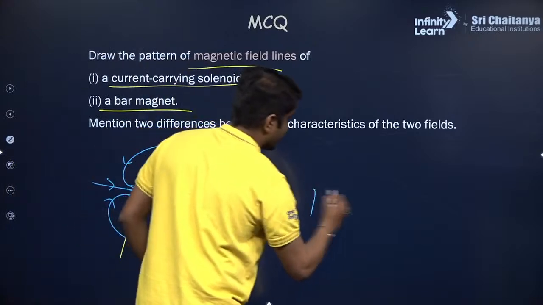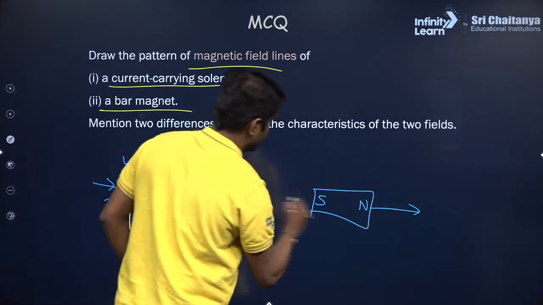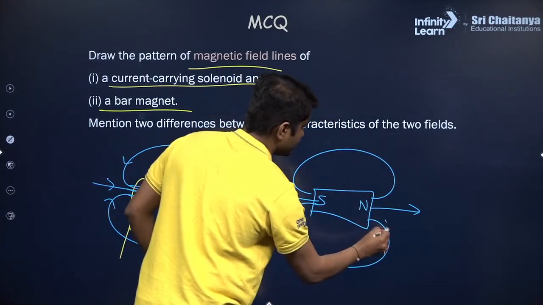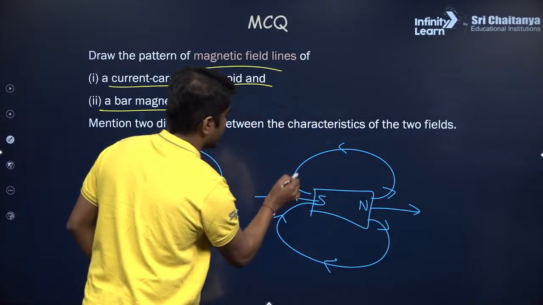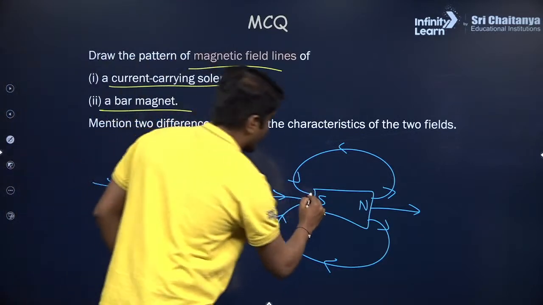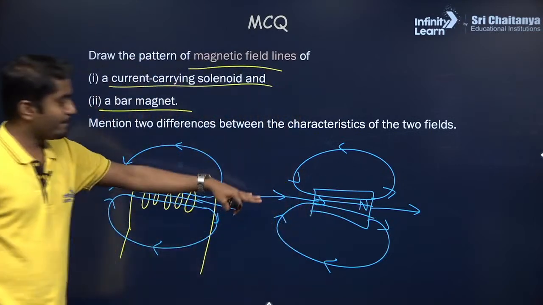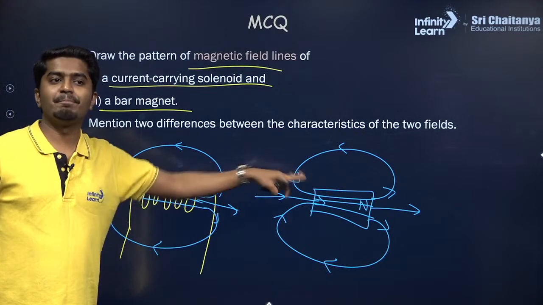Do you remember the bar magnet? It is north and south. These are the magnetic field lines of a bar magnet. They look very similar. Inside the bar magnet, it is something like this. The magnetic field lines are very similar for the solenoid and the bar magnet.